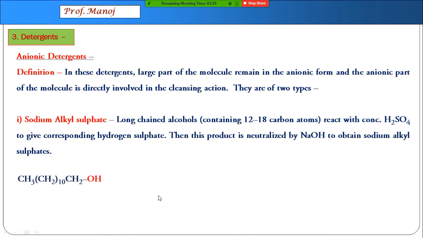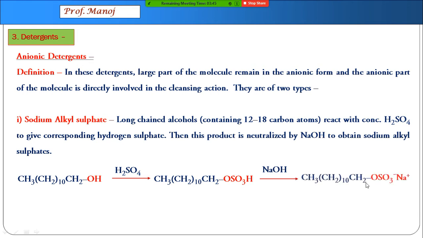For example, you can see here I am taking an alcohol molecule with 10, 11, 12 carbon atoms. This is treated with sulfuric acid to form its sulfonic salt. This is treated with sodium hydroxide to form its sodium salt. This becomes a kind of sodium alkyl sulfate type of detergent.